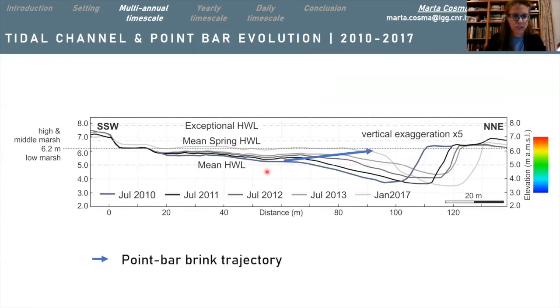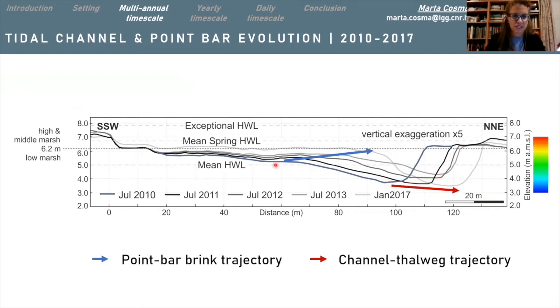If you look at the point bar rink, which is the breaking slope between the flat bar top deposits and the inclined bar slope deposits, we can see a general ascending trajectory of the point bar rink, and a general descending trajectory of the channel talweg, even though there is quite a dynamic evolution with a rising trajectory and then a descending trajectory.